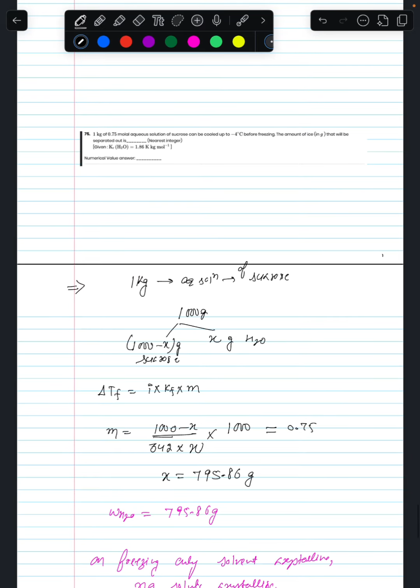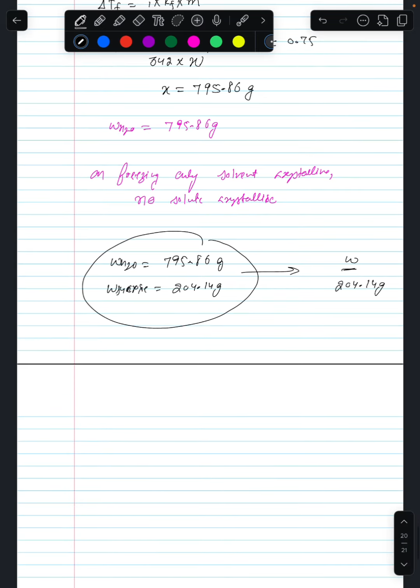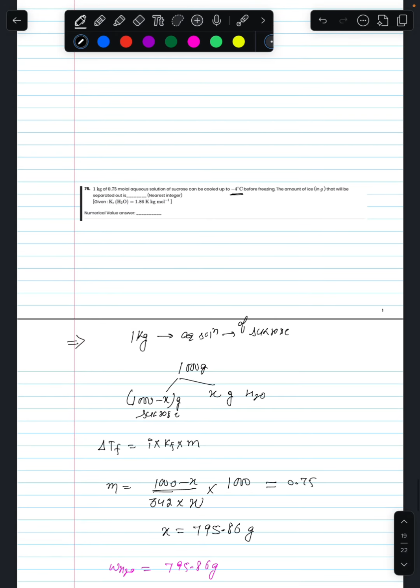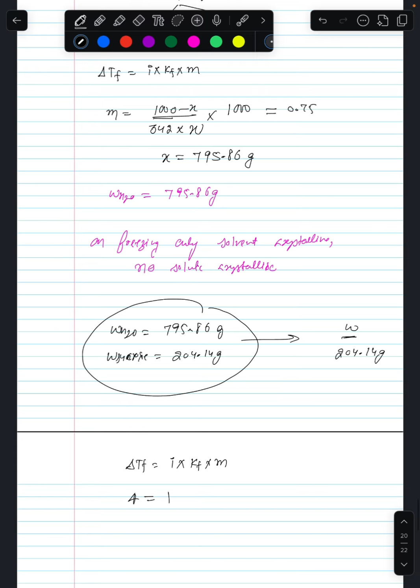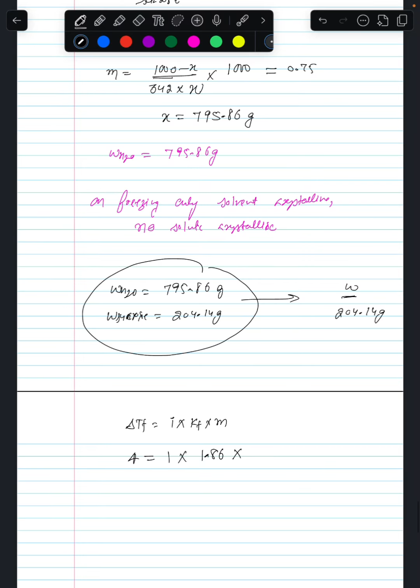So delta Tf is 4. Delta Tf is i into Kf into molality. Delta Tf is 4. What is the i value? For sucrose, the i value is 1. The Kf value will be 1.86 for water, into molality.